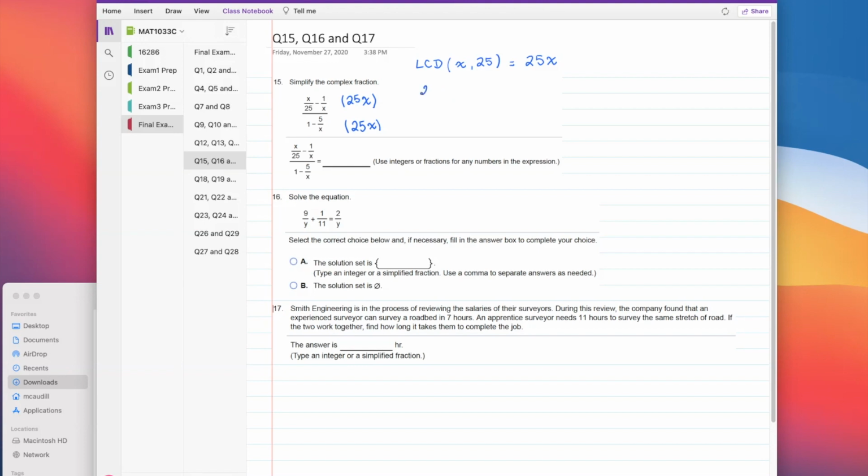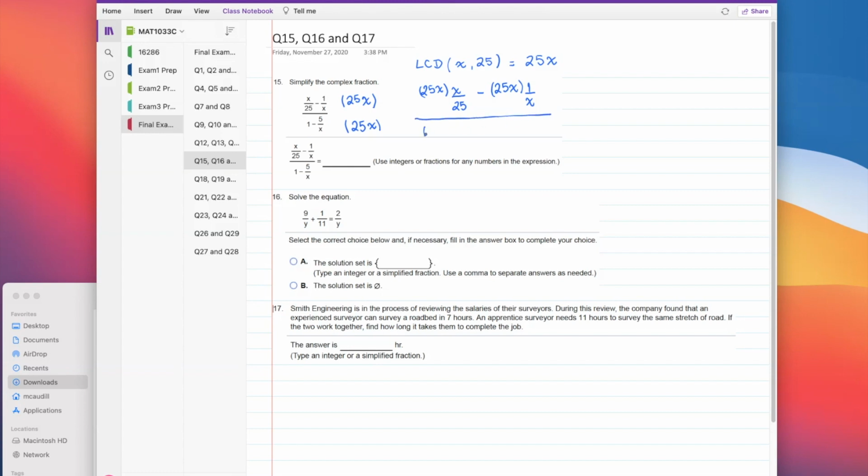So, 25x multiplied by x over 25, minus 25x times 1 over x. This is on the numerator only.